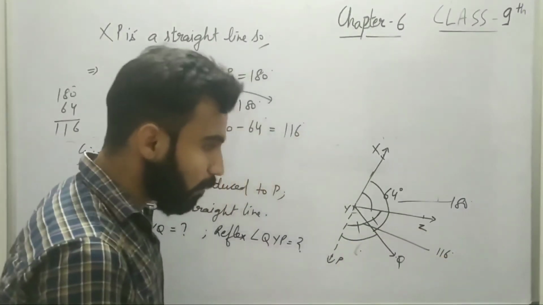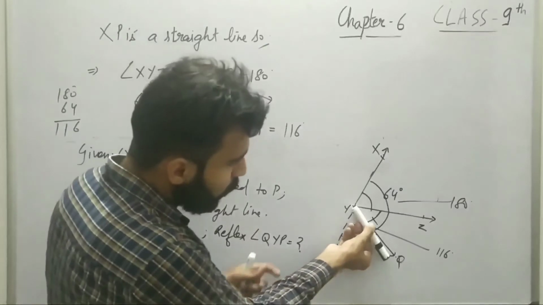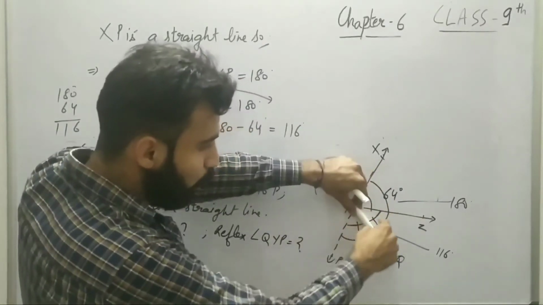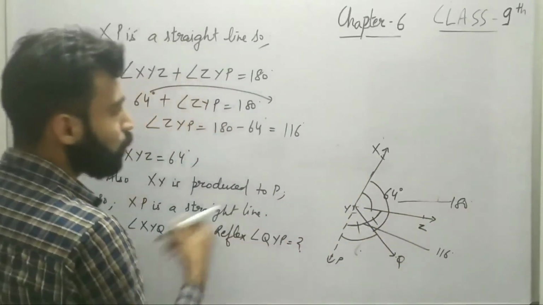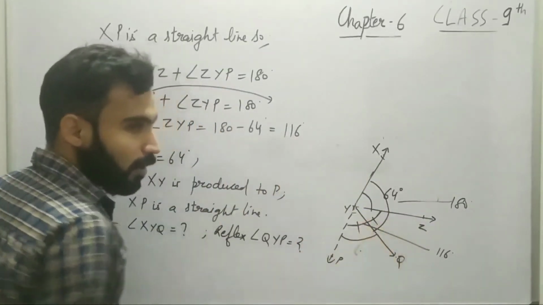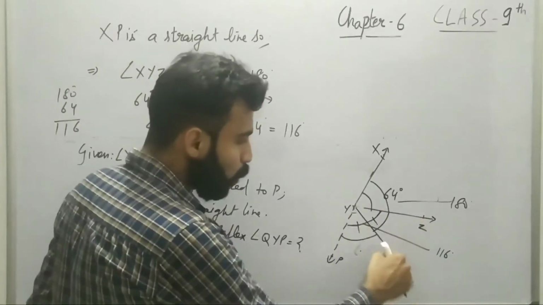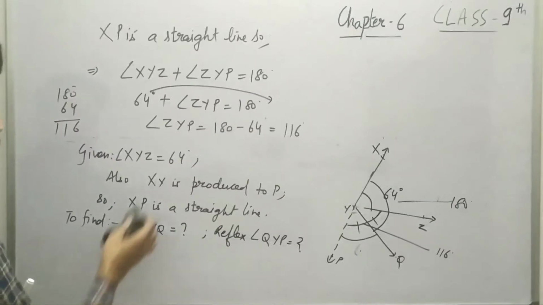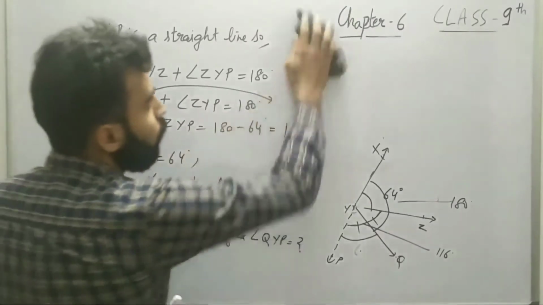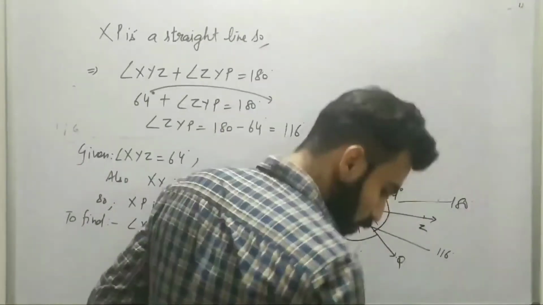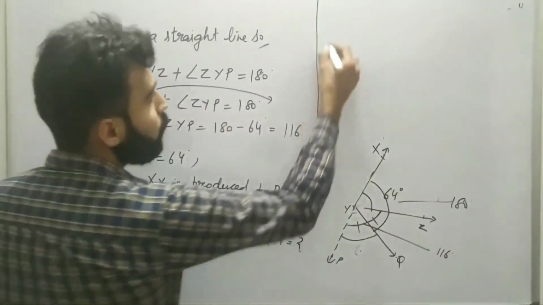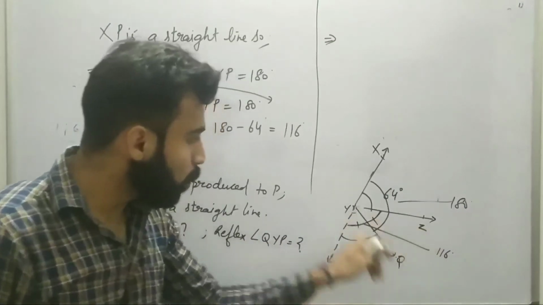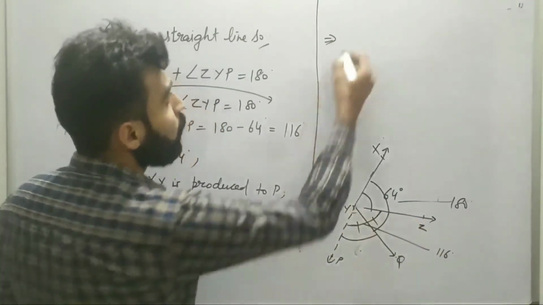Right? Now it is given in the question that this ray YQ is dividing this complete angle ZYP in two equal parts. That means we are going to simply halve it so we can get both the angles ZYQ and QYP, right? So let me just rub this area here. So just observe it carefully. Now we know that YQ bisects angle ZYP, right? So it is given to us.